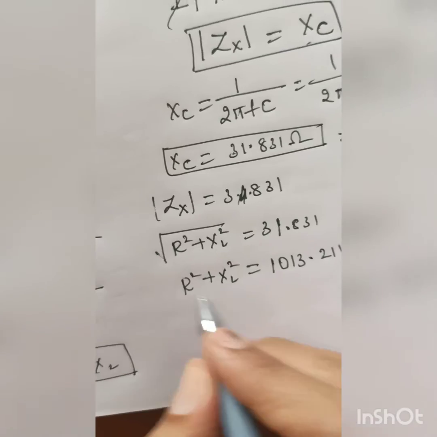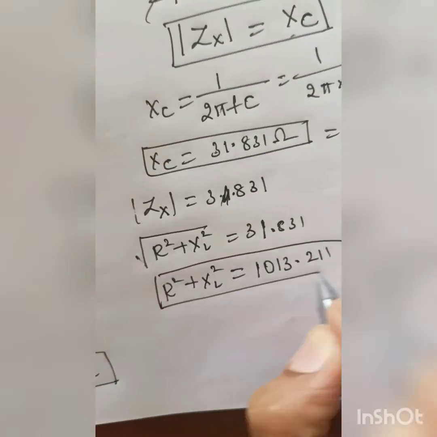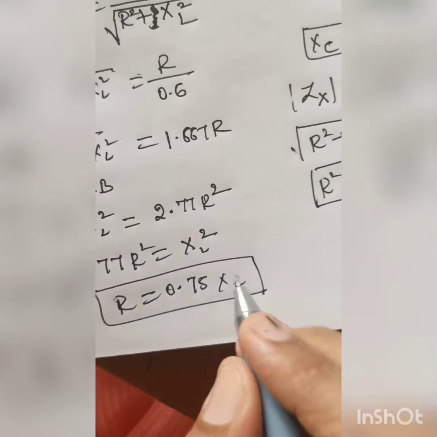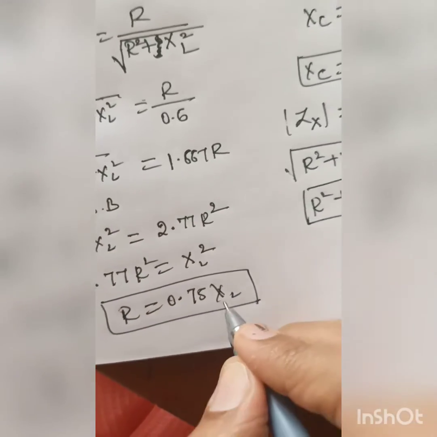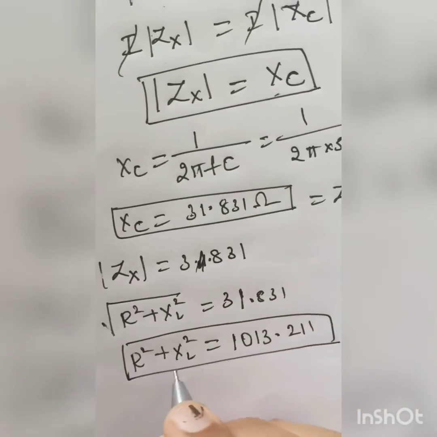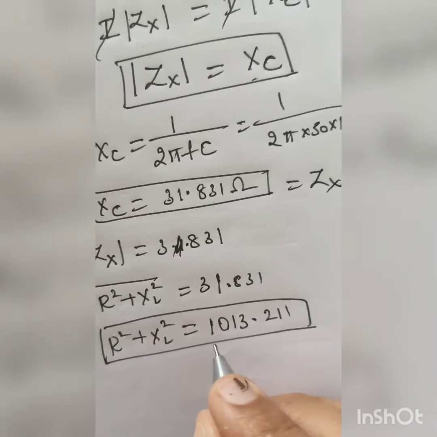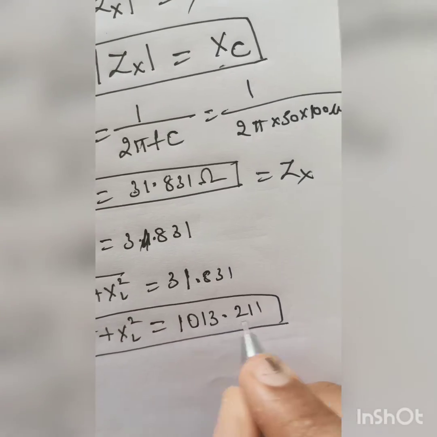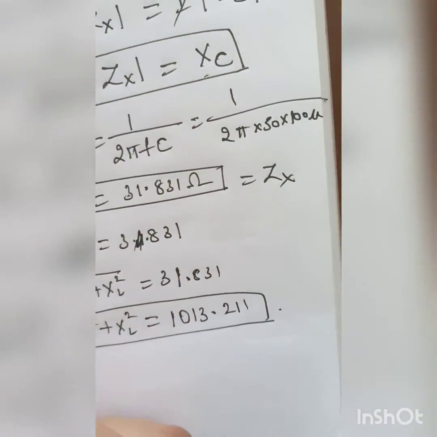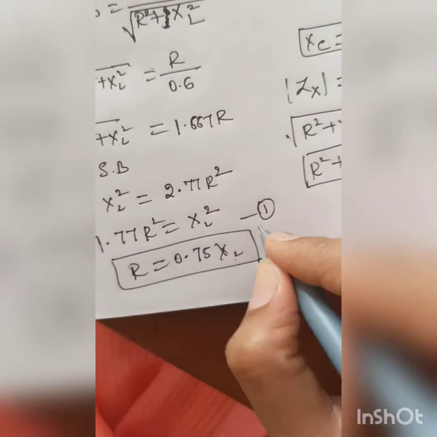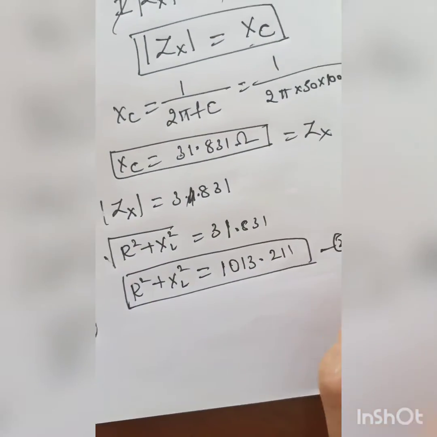Then we'll get the equations: R is equal to 0.75 XL, and R square plus XL square is equal to 1013.21. So this is the first equation we have, and this is the second equation.